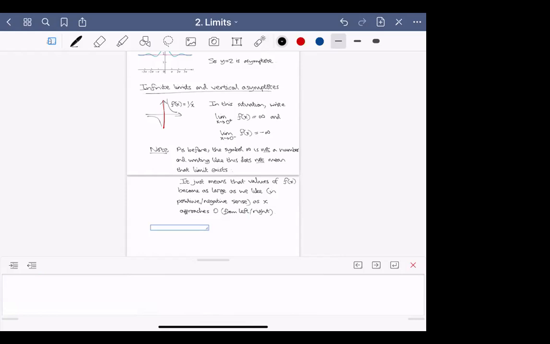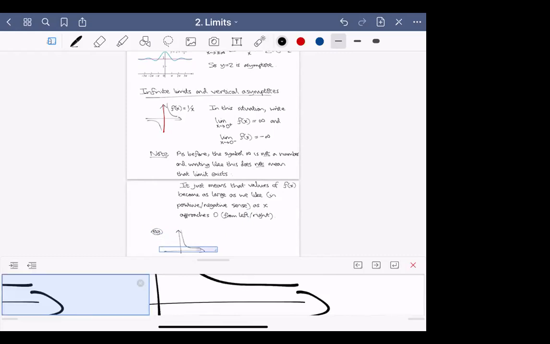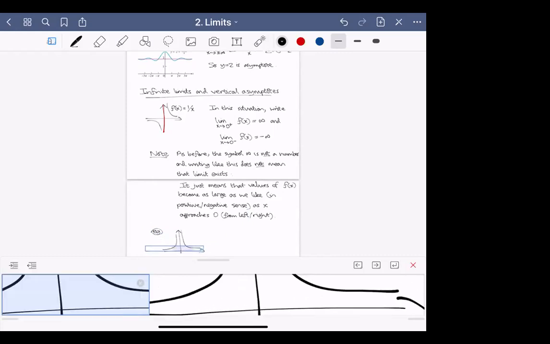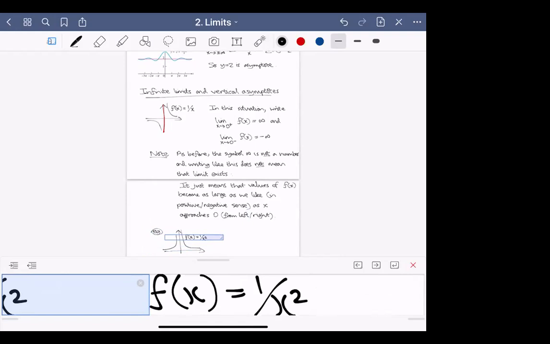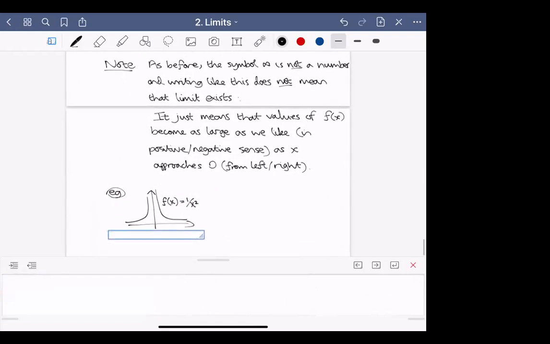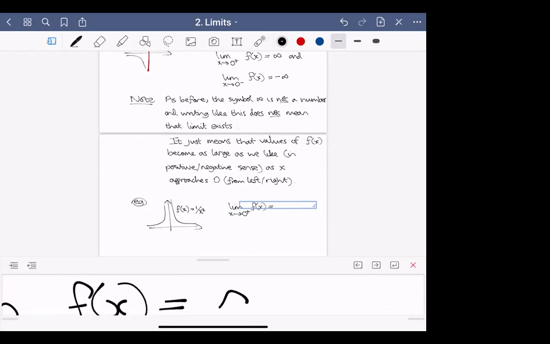So let's give another example. If I now take 1 over x squared, and I look at the function close to 0, then I want to write that the limit as x approaches 0 from the right of f(x) is positive infinity.